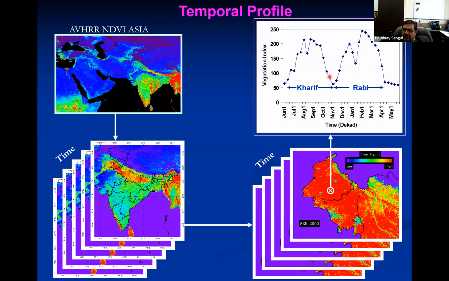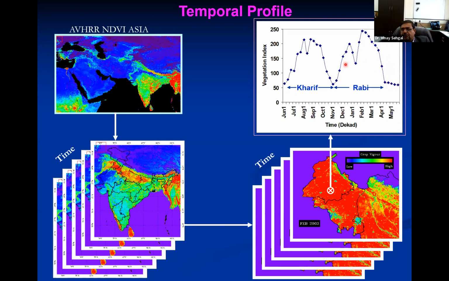And then again, it comes down. And then next Rabi season, when it is sown, again, it shows growth. Again, that dip is due to the presence of some kind of atmospheric noise. And then again, it shows growth and then maturity.